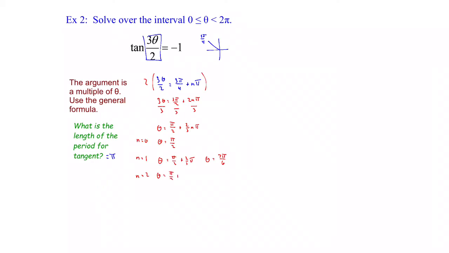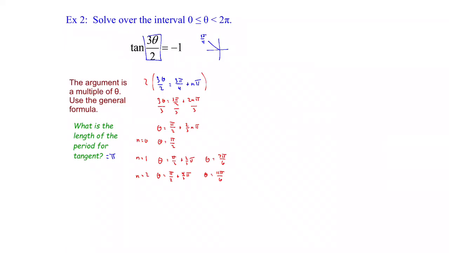Pi over 2 plus, and now this will be 2/3 times 2, so that'd be 4/3 pi. And then theta would be equal to, on this one, once again finding the common denominator, 11 pi over 6.